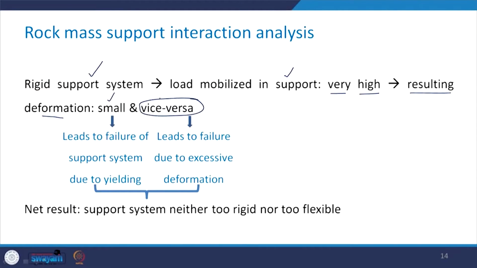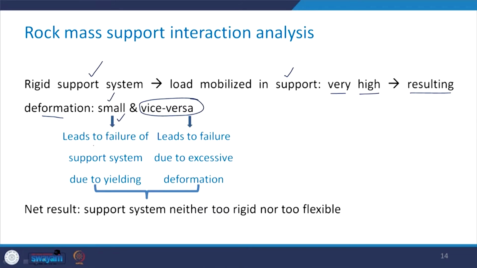In case the resulting deformation is quite small, this will lead to the failure of the support system due to yielding. Why? Because in this case, in order to arrest the deformation, we have provided a very rigid support system, and therefore the load which is mobilized in the support is very high.